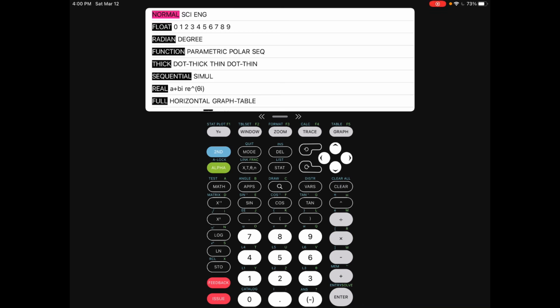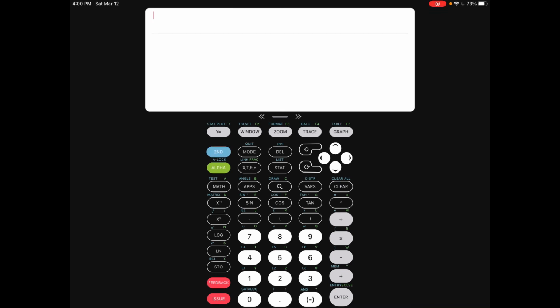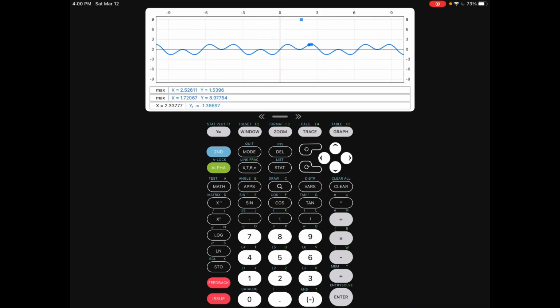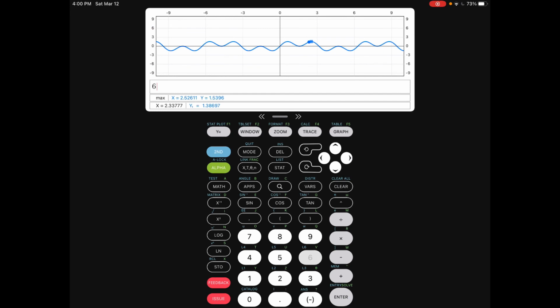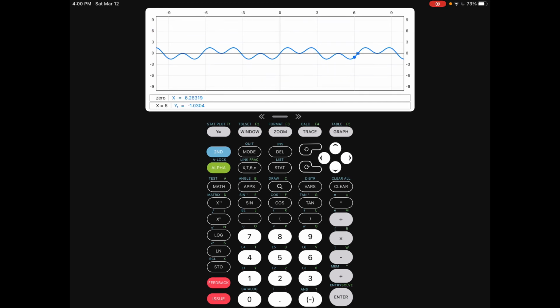I'll make sure that I'm in radian mode, and I'll just go with basic window settings in the absence of knowing exactly what I want to figure out. And if I want the velocity when time is 6, I go second, trace, and I just choose value, the first thing. And I'll tell it the x value is 6, and it will tell me the velocity is negative 1.03. It's in blue there at the very bottom.